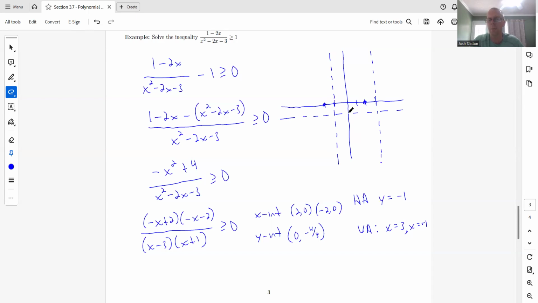And we have the y-intercept at negative 4/3. And so now we can just do the same thing that we did in the last section. I think I'm going to cheat a little bit, and we'll just plug this in the calculator and graph it, just for the sake of time.